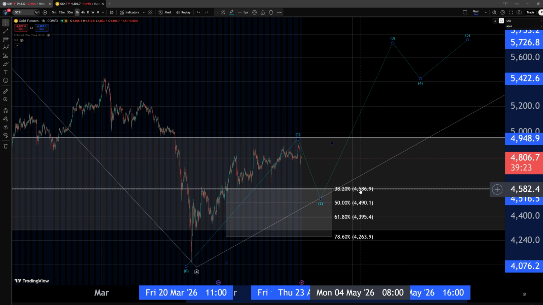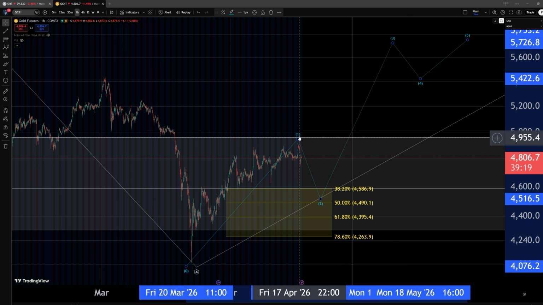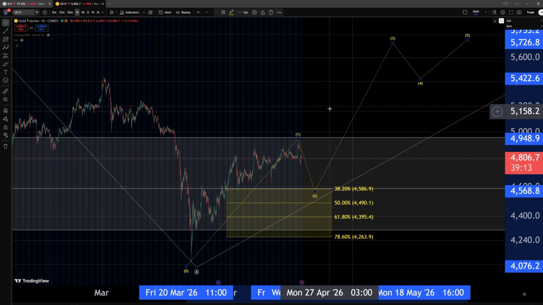Now, if gold follows through within this expectation, we would need to be prepared for silver to follow along and even break its internal levels of support.